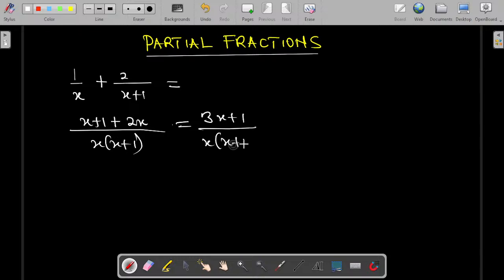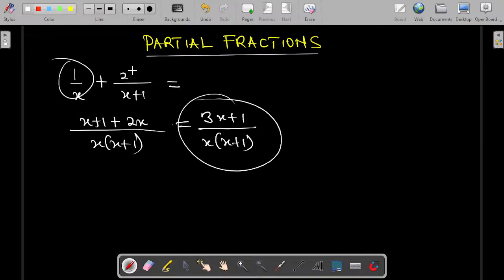Here, this is the single fraction, while these two are the partial fractions of it.